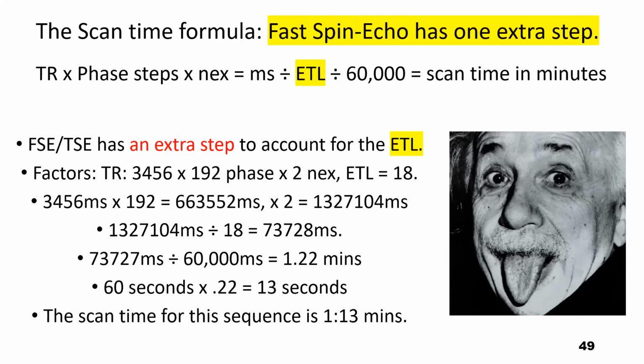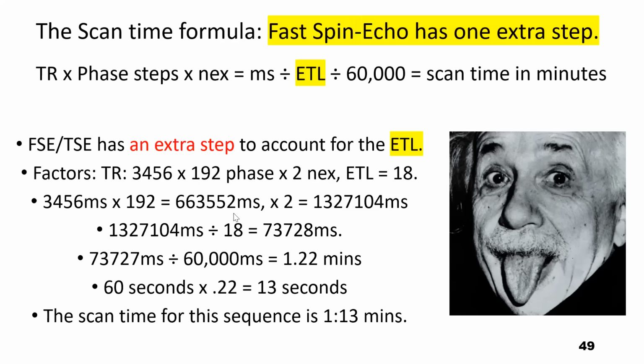So you do this math, you come up with 73,727. Okay, that 60,000, where is that coming from? Well, when you multiply milliseconds by a number by a number, you come up with a scan time in milliseconds.